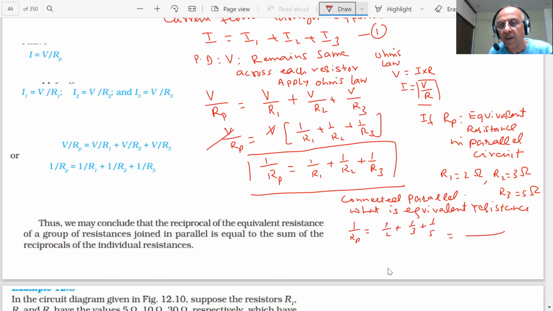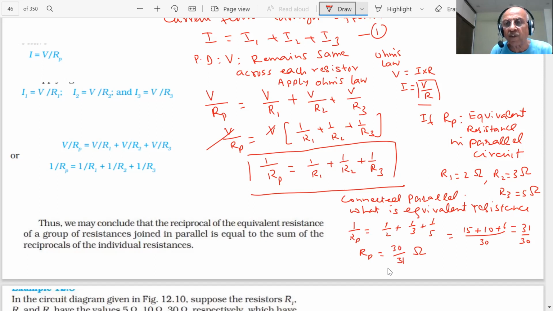What will be the LCM of this? If I take 30, 2 15, 3 10, 5 6, what is this value coming? 25... 31 by 30. So what will be the value of RP then? 30 by 31 ohms, which is something less than 1, about 0.9.